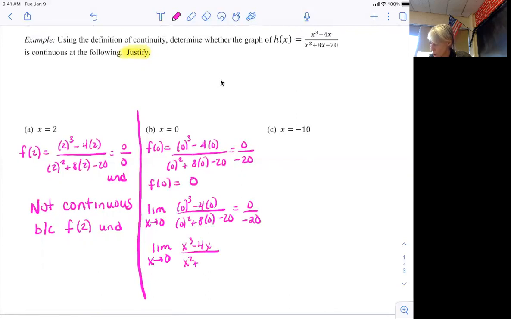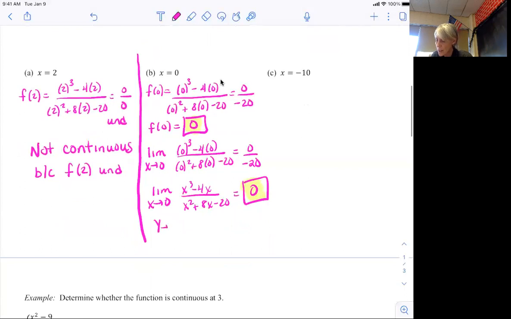I don't know why I'm writing it all big again like this, but that's okay. When I plug in a number, I get an answer. When I evaluate the limit, I get an answer. Do these two numbers match? Since they do match, yes, it is continuous.